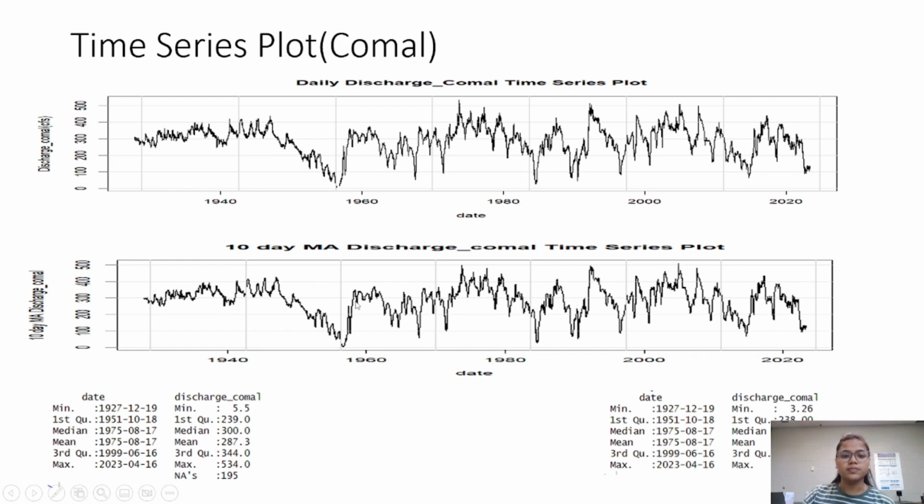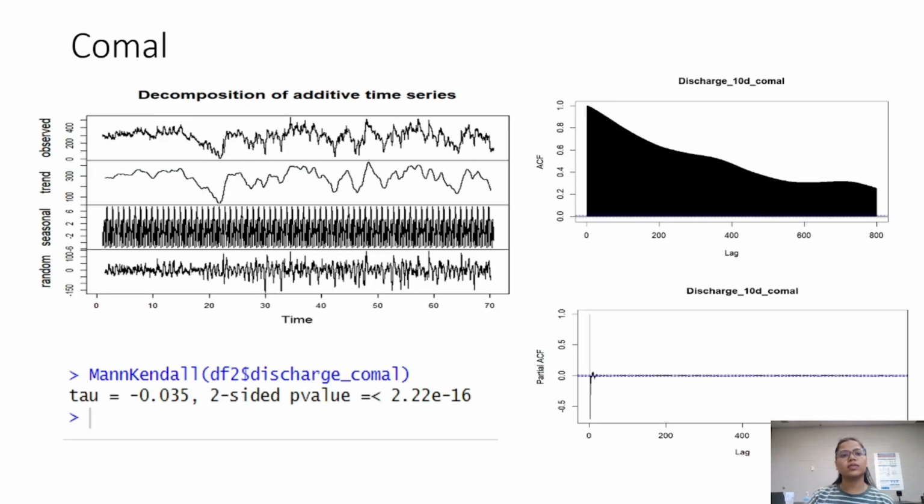The 10-day moving average was also performed for Comal. For Comal also, I did the same autocorrelation function and used the same lag. The Mann-Kendall test showed that the data for Comal Spring also has a decreasing trend.